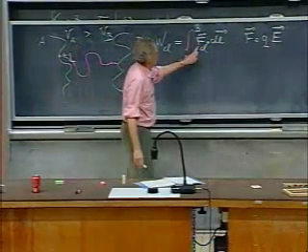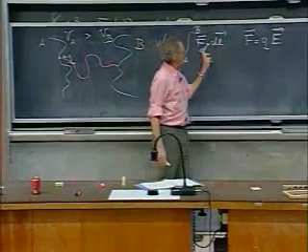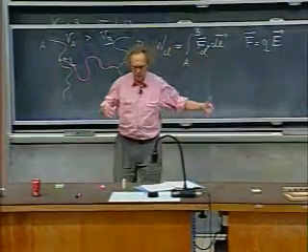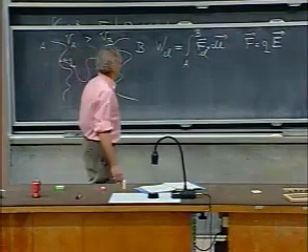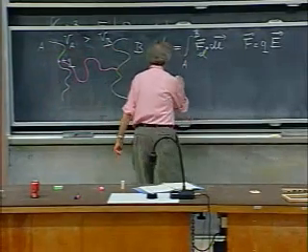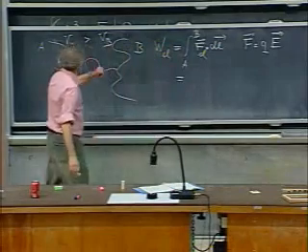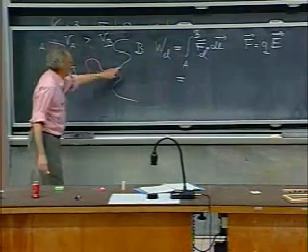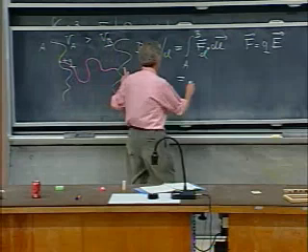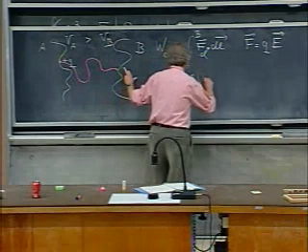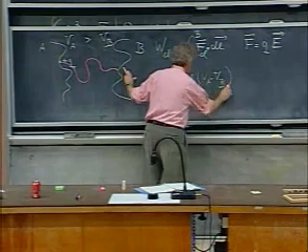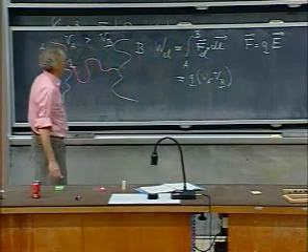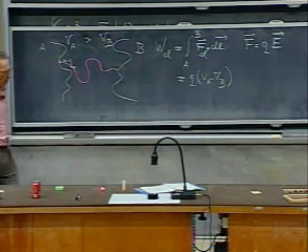And so you get here a Q times E dl. But the integral of E dl is the potential difference between the two. And so the net result is that the work done by the electric field, when this charge finally ends up here, is the charge Q times the potential difference VA minus VB, regardless of which path it chooses to go.